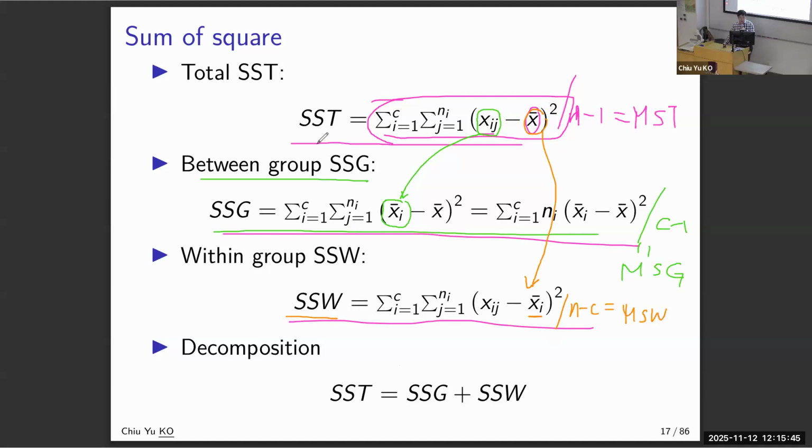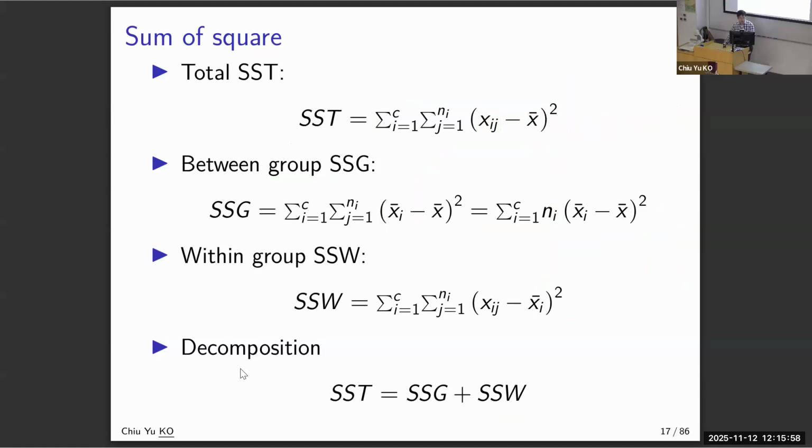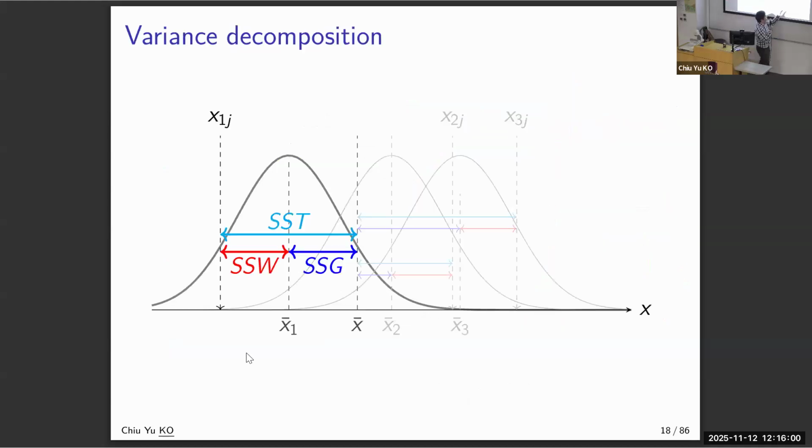And it turns out that these three numbers are related: SST equals SSG plus SSW. So what this actually means is the following. Why are they the same? Let me end with this graph. Look at data. If you look at distance to the grand mean from each data, this is called the SST. But you can do it in a two-step way.